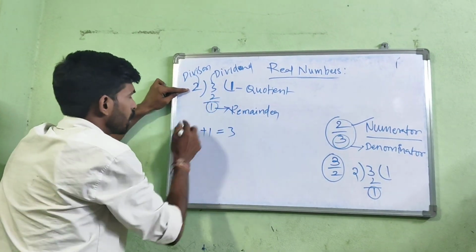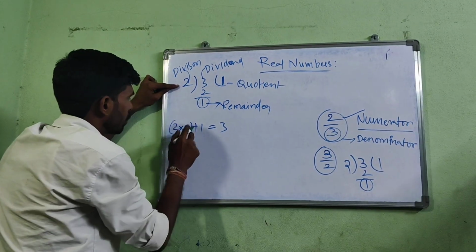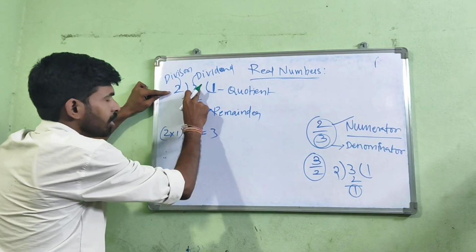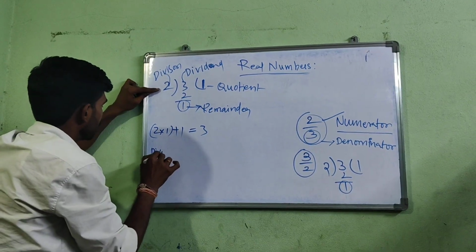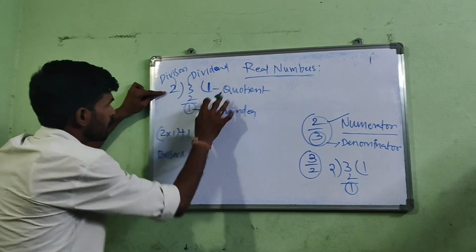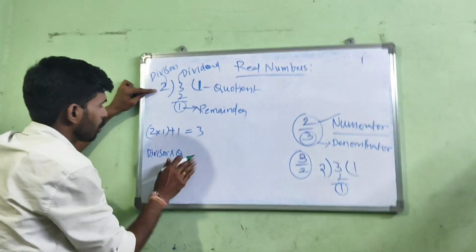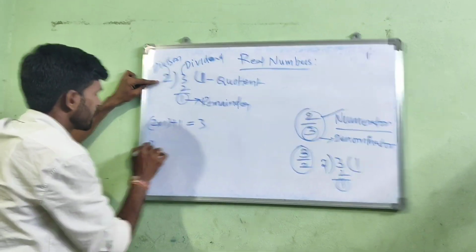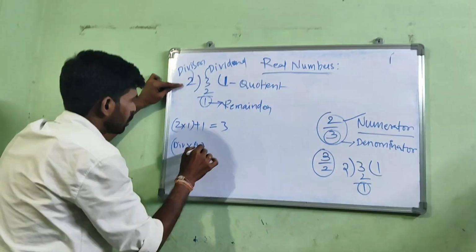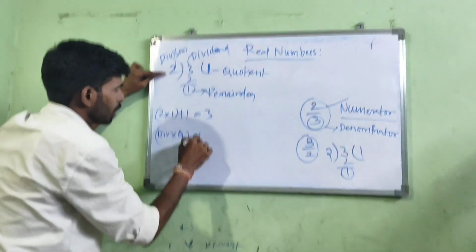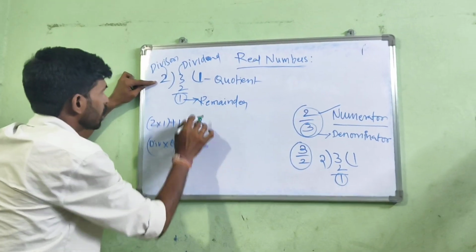See, 2 into 1, 2 into 1 plus 1 is 3. So what is 2? 2 is the divisor. I am writing a shortcut: divisor into quotient plus remainder is equal to, what is this?